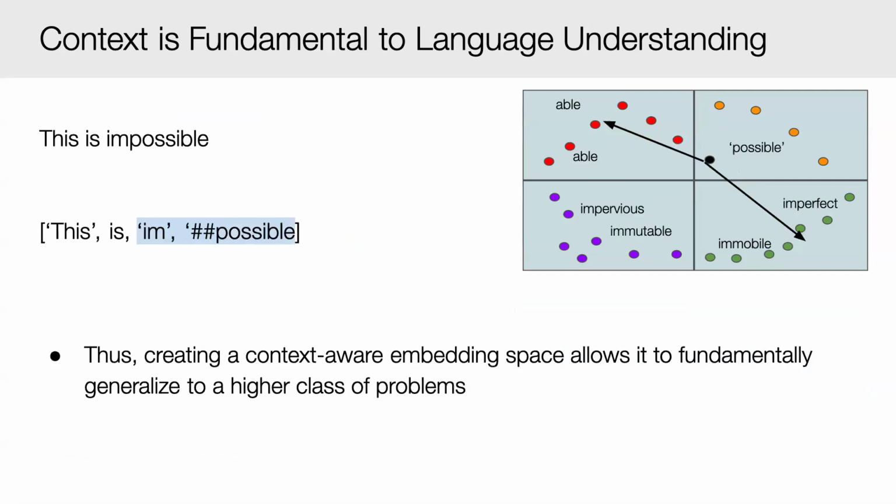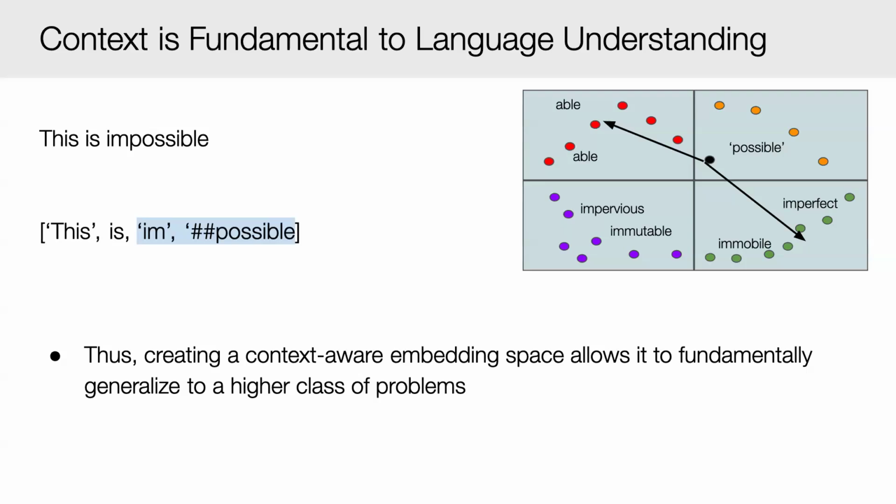And let's go back to our initial example of tokenizing words. If I tokenize impossible as im and possible, now the model is able to understand that this idea of possible is basically moved towards these negative connotation words: immobile, imperfect, impervious. In this way, it has understood the concept of the prefix im, right?